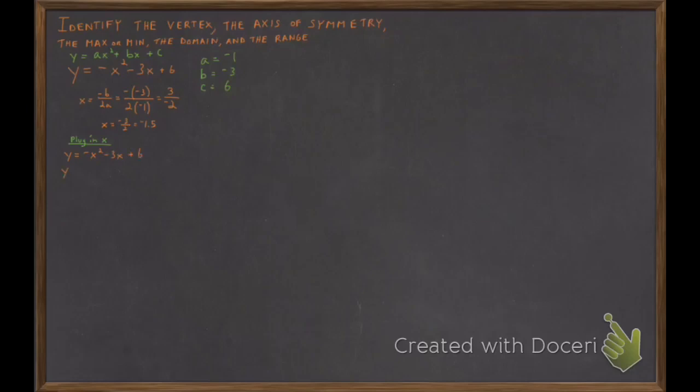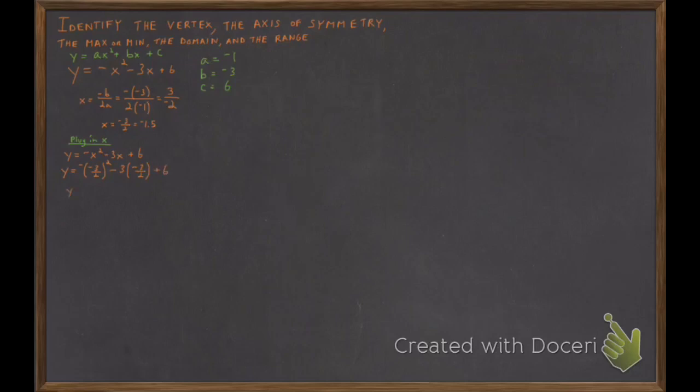So we get y equals, again I'm substituting in, so it's a negative, -3/2 squared. Make sure you do that. It's a negative, then substitute in that x value. Minus 3 parentheses -3/2, and then plus 6.